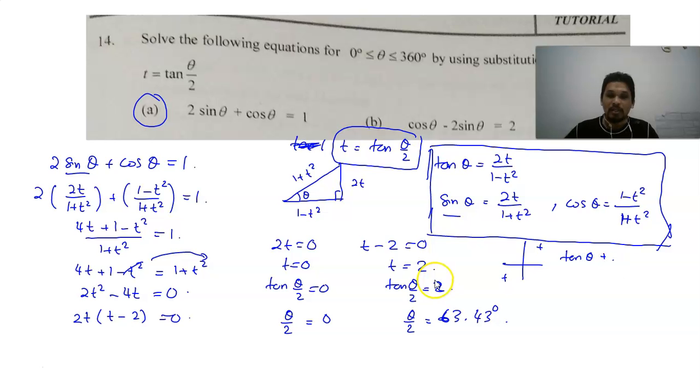Tangent theta over 2 is positive, so we have 0 and 180 degrees, and here is 63.43, and another one here, 180 plus 63.43 degrees, which equals 243.43 degrees.